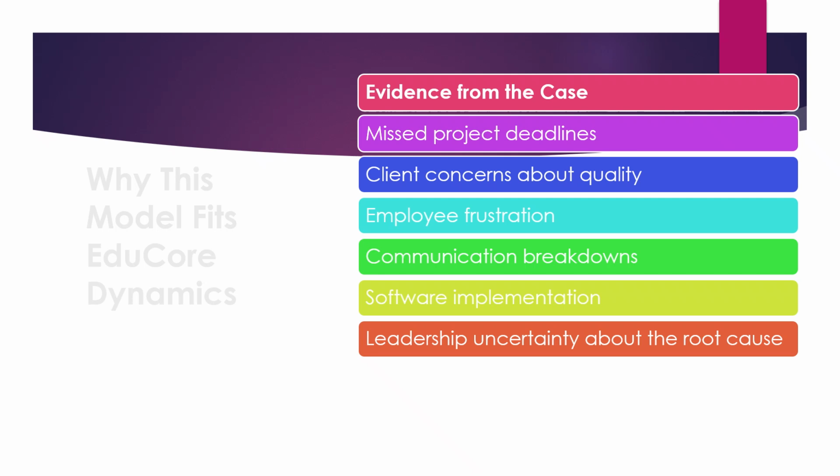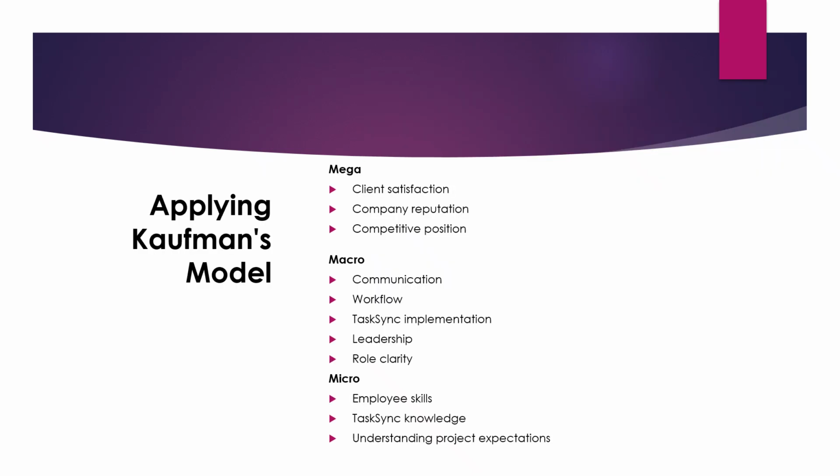Instead of treating each issue separately, Kaufman's model allows us to examine how these problems influence one another. That's why I believe it's the best fit for this case. It provides a systems perspective that helps identify the real cause of the organizational performance gap rather than focusing on only one symptom or problem.